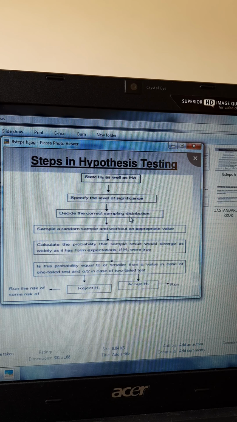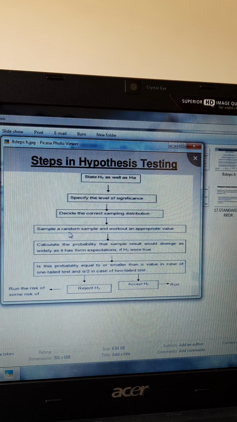What is the distribution? It is based on that. So you have to say whether the distribution is normal or whether it is not falling under the normal distribution, because based on this your test will change.